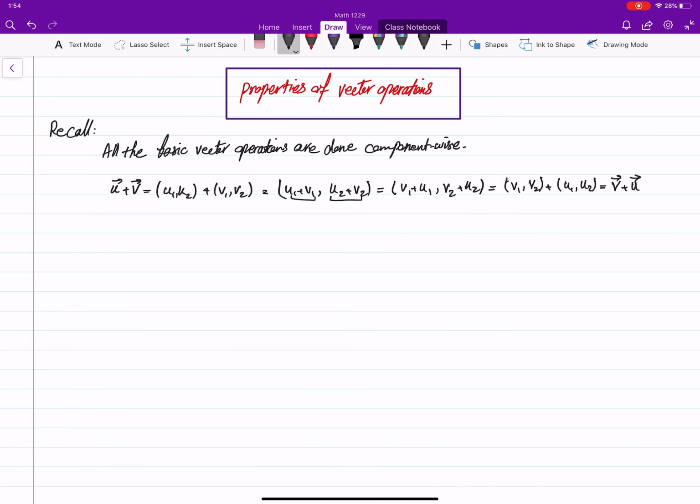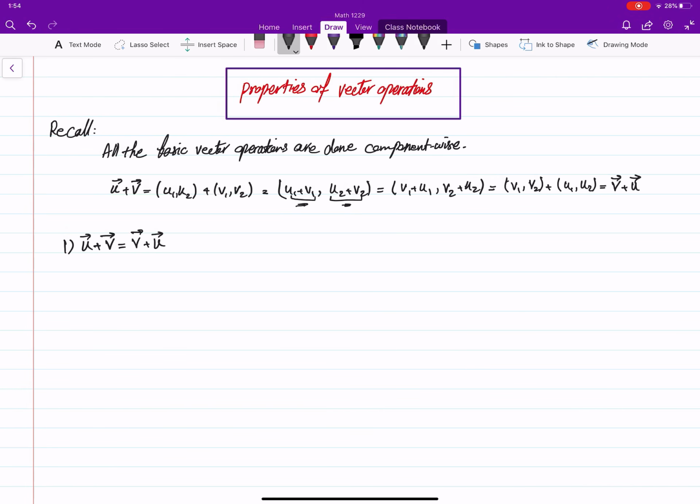Well, see what happens: when we do the operation and turn it to the components, then in the components you have the properties of the numbers. You can switch the order, you do it and turn back to the vectors. You see that what we found is that in vector addition also the order of vectors doesn't matter.